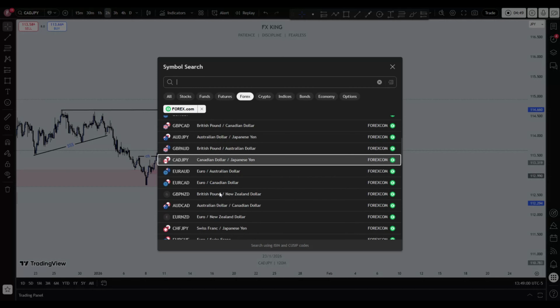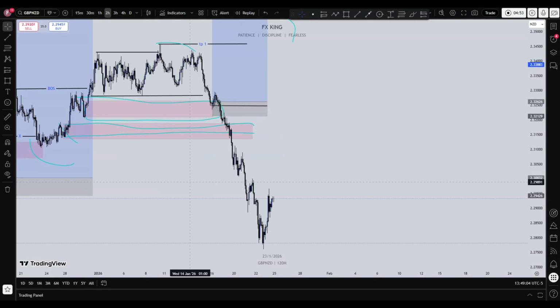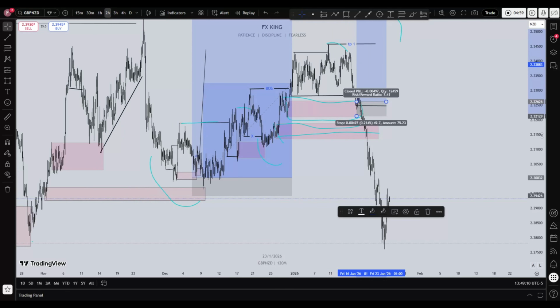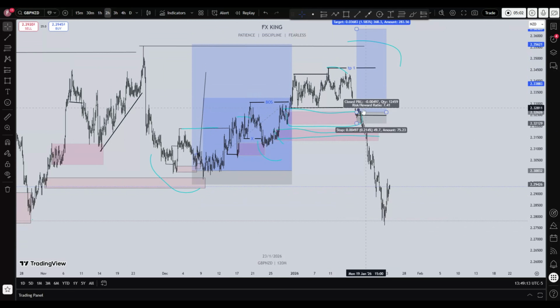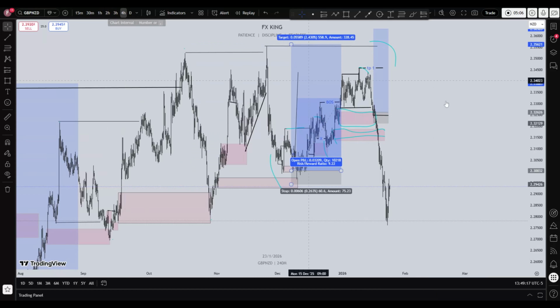Okay, guys. So I think this week is really going to be a tight one. This is a pair we looked at last week, and it also hit stop loss. This pair hit stop loss, so the direction basically has just changed.